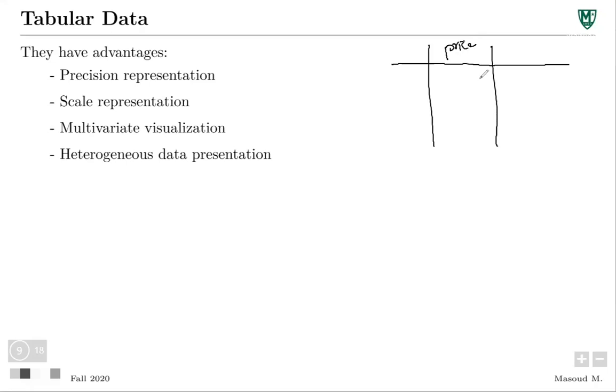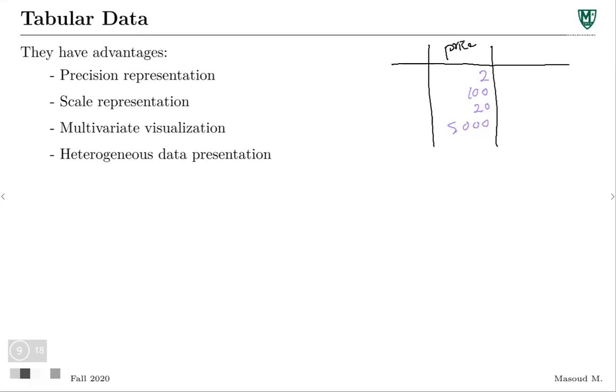Visually it's easier when you put the numbers. Let's say the price of the first thing is $2. Then the second thing is $100. The third thing is $20. One thing can be $5,000. Right? When you look at this, it's easier to compare these values.